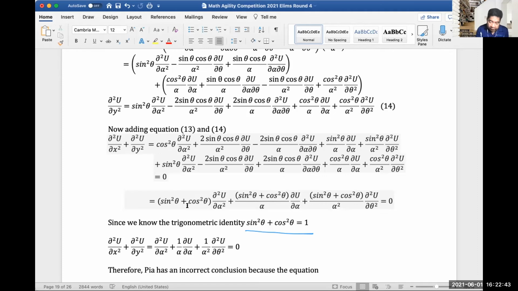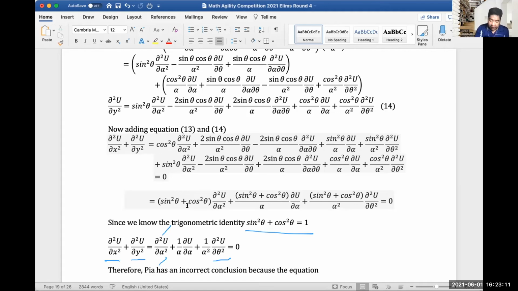All right. So once we simplify this, we would get the second partial derivative of u with respect to x plus the second partial derivative of u with respect to y, which is equal to the second partial derivative of u with respect to alpha plus 1 over alpha times the partial derivative of u with respect to alpha plus 1 over alpha squared times the second partial derivative of u with respect to theta, equal to 0.